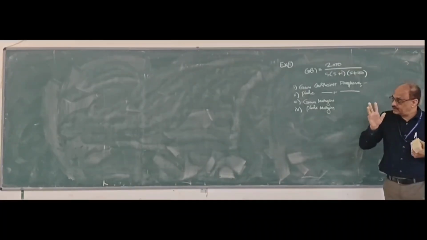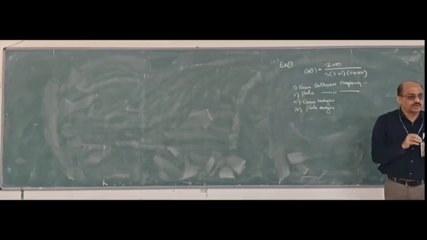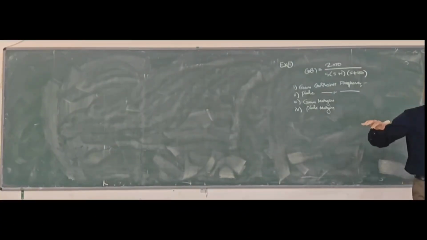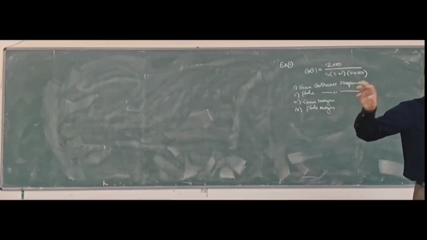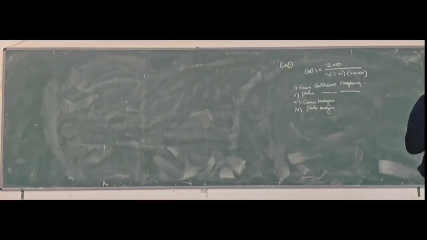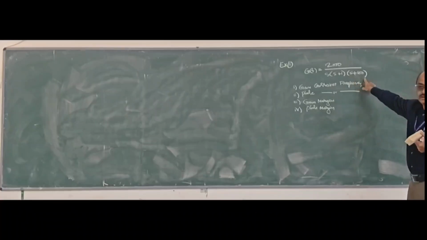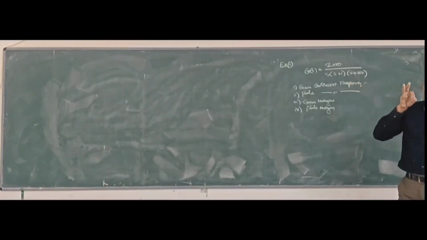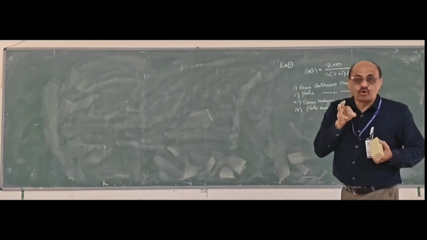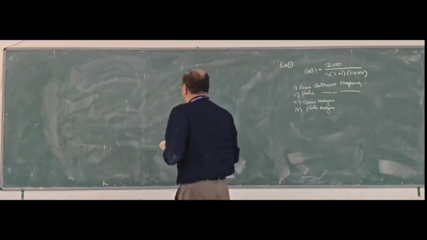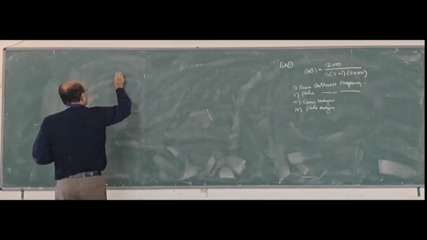The quadratic form should be 1 minus (omega by omega n) whole square plus j 2 zeta omega by omega n. You have to bring it to that form. Remember, I have only simple zeros or first order poles here, nothing other than that.